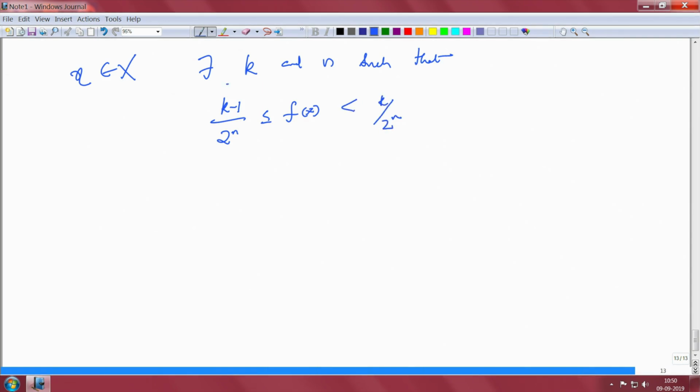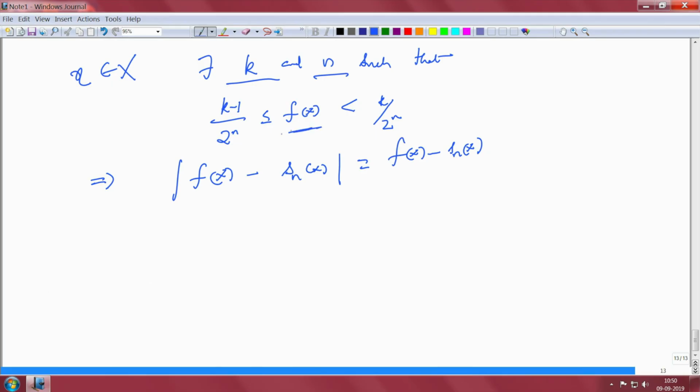This tells me that if I look at the difference between f of x and that particular Sn of x, which is f of x minus Sn of x, the value of Sn of x is k minus 1 by 2 to the n, the lower end point. So, this will be less than or equal to 1 by 2 to the n always, because f of x is less than k by 2 to the n.